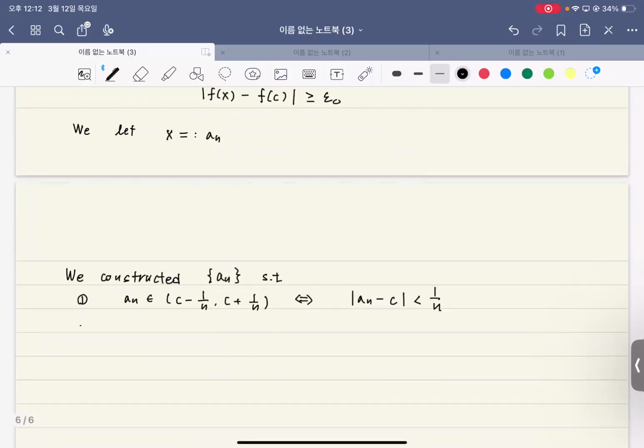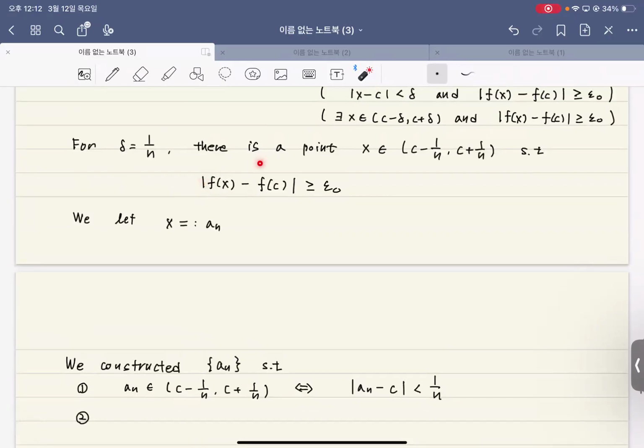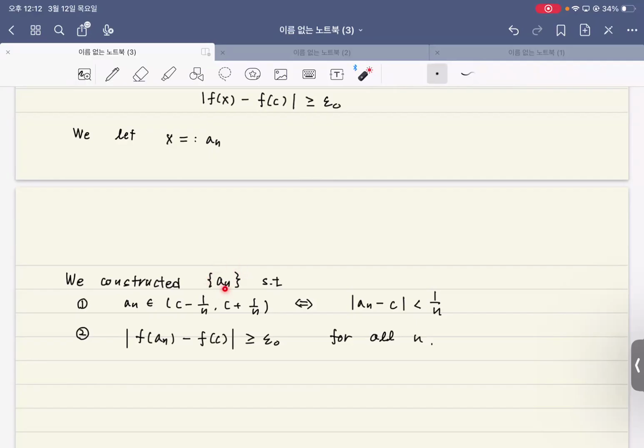And this sequence also satisfies the second condition: a_n always satisfies this inequality, so the absolute value of f(a_n) minus f(c) is greater than or equal to epsilon 0 for all n. So we were able to build this very weird sequence.